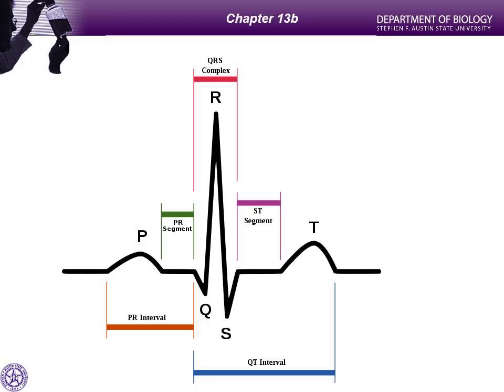So you see the PR interval from the beginning of the P all the way to the Q. We have the QT interval. This includes the entirety of the QRS as well as the entirety of the T. You get an idea of the segments versus intervals. And it's many of these that are going to be clinically significant.